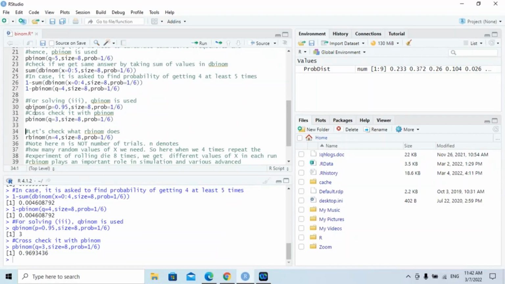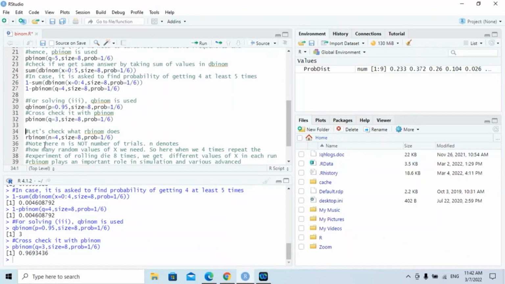So that's how that q binom function works. Now let us quickly check what the r binom function does. So r binom is basically used to generate any number of realizations of x given a specific distribution. So here let us check first the command, and then I'll tell you what that n in that command represents.